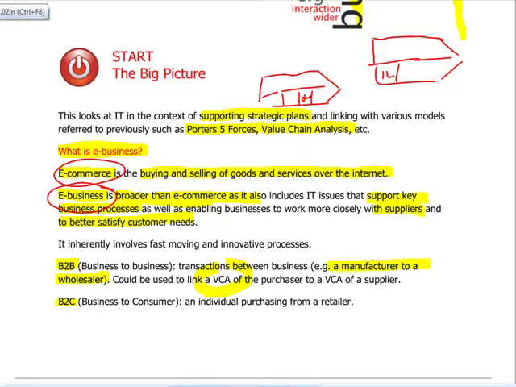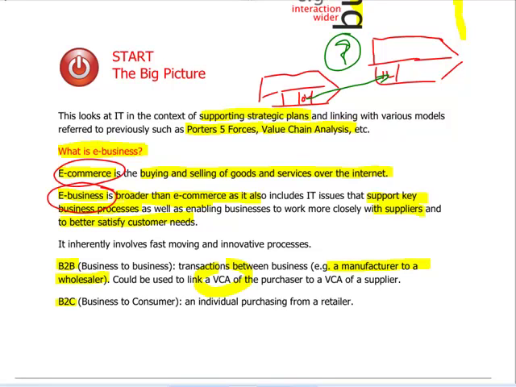Their outbound logistics go to their customers' inbound logistics. So what ways could we have of IT assisting outbound logistics of the manufacturer to link in with the inbound logistics of the wholesaler? Okay, we can have various IT links, just-in-time ordering systems, real-time stock levels, for example. Those are just two examples of how IT could fit in with this.